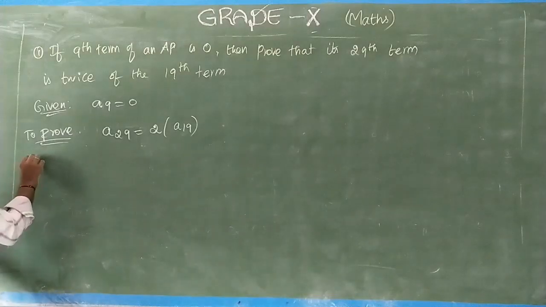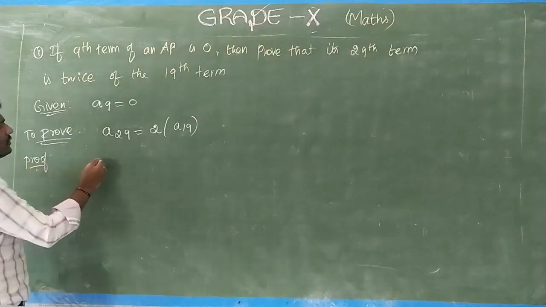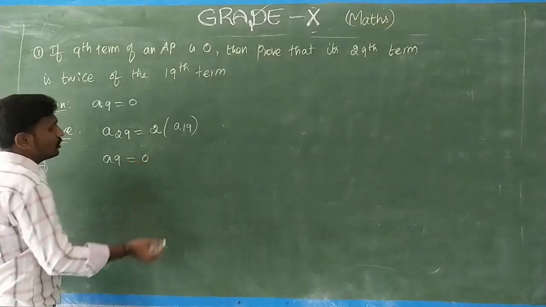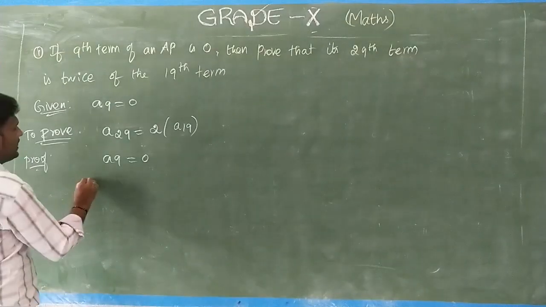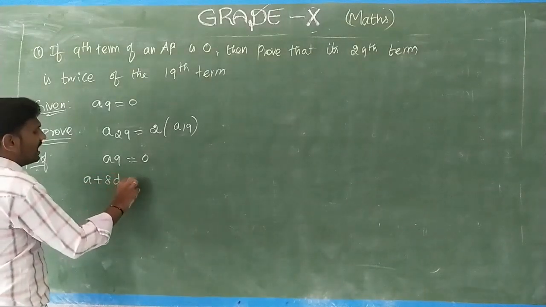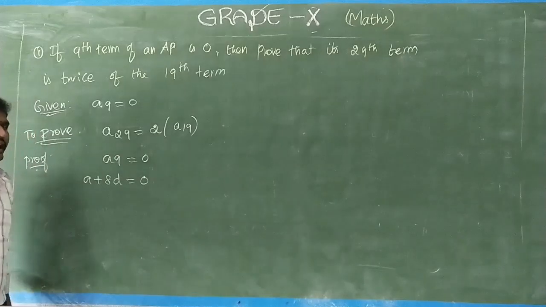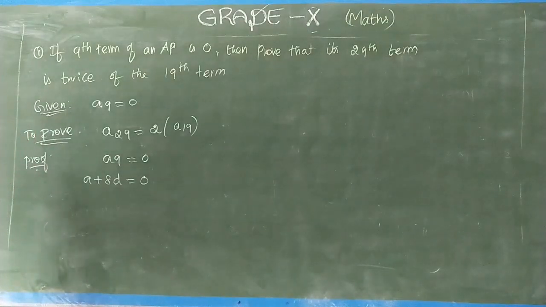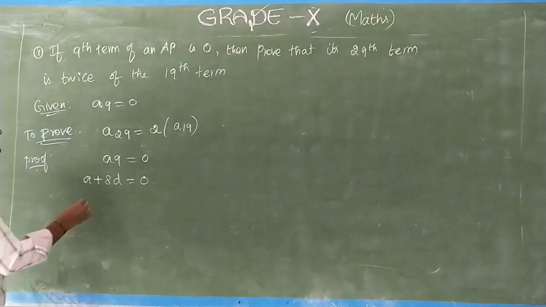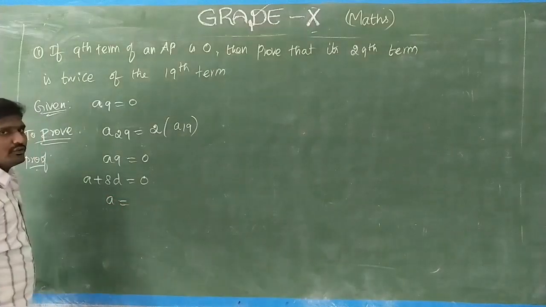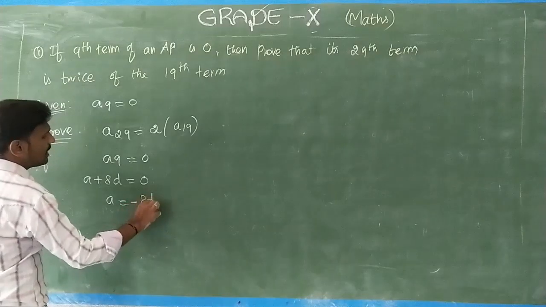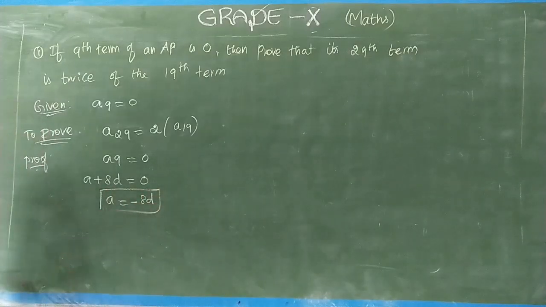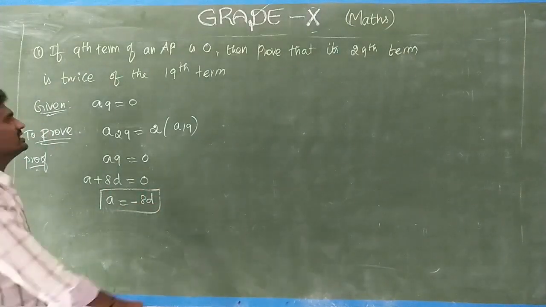Now coming to the proof. By taking a9 equal to 0, using the nth term formula a plus n minus 1 into d, so for that a plus 8d. And already you know very well the 9th term is a plus 8d. Here I need only the value of a. So plus 8d, to move that side, it will come minus 8d. Yes, student. Okay.